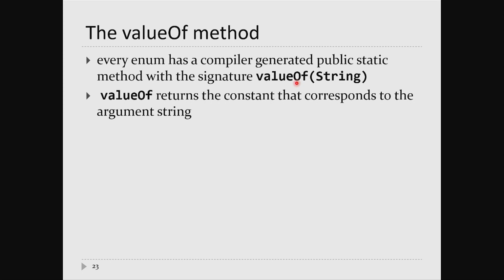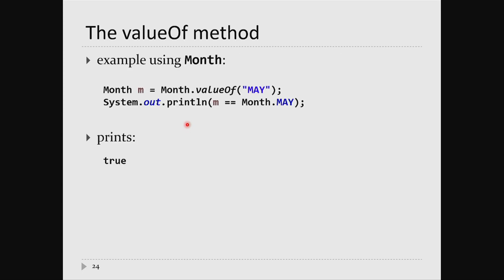The compiler generates it for you. So valueOf returns the constant that corresponds to the argument string. So for example, if I call valueOf MAY, you get the month MAY. If you ask, is m equal to the month MAY, you get true. So you actually get the enumerated constant if you use the valueOf method.